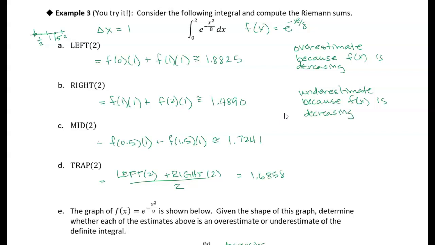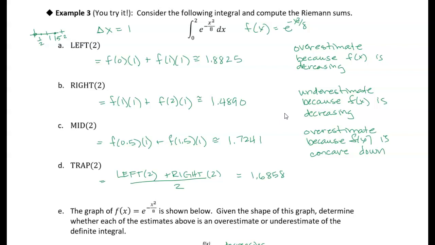Okay, now the midpoint rule is going to give us an overestimate. Now you can draw it out if you want to. If you ever forget, because I would never remember these things, I oftentimes have to draw these things out. But because it's concave down, right, the tangent line at the midpoint is going to be above the curve, and so we're going to get an overestimate, because f of x is concave down.